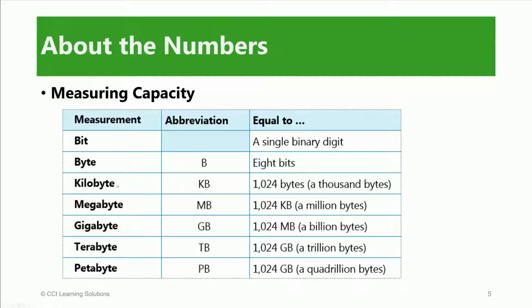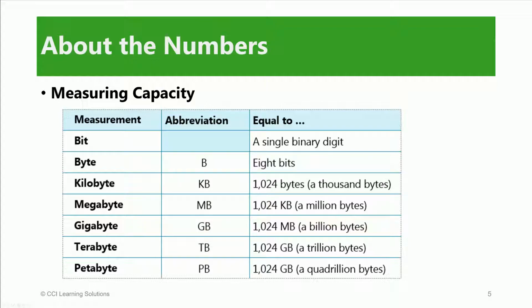Then you have a kilobyte, which is 1024 bytes or 1000 bytes. Now, as we go down through this list, you'll notice that it'll all say 1024. And so basically the best and easiest way to read this is it's 1000 bytes, 1000 kilobytes, megabytes, and so on and so forth.